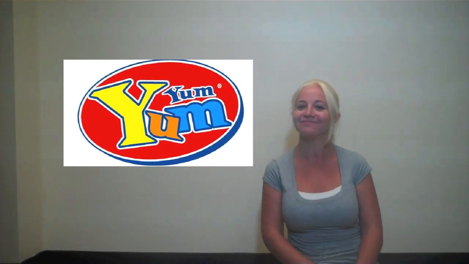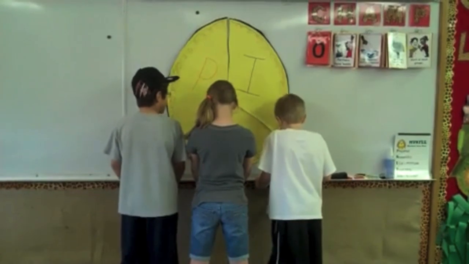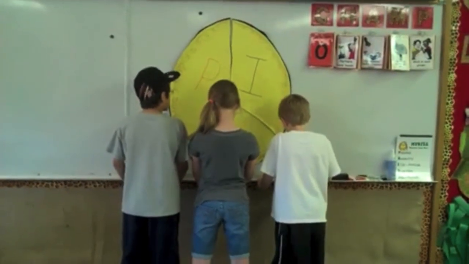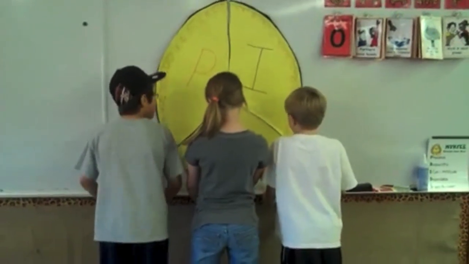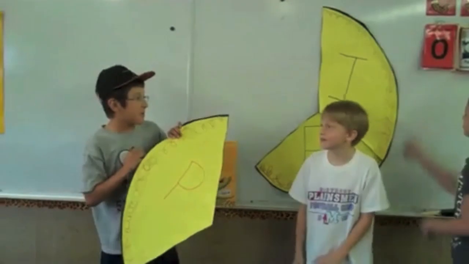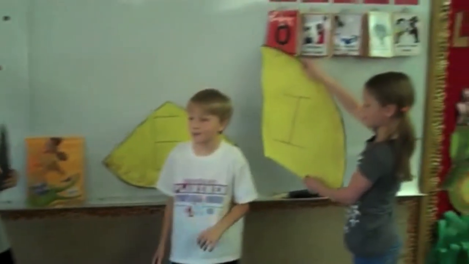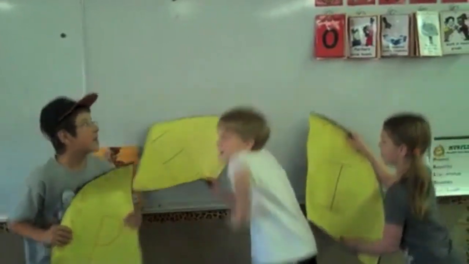Yum, yum. I got a feeling that you're gonna be a good reader. It's author's purpose, P-I-E, P for persuade, to convince me, I for inform, to teach them y'all. E's for entertain, to have a ball.